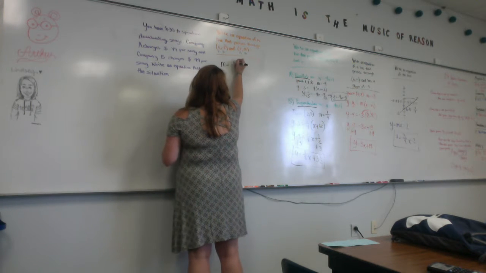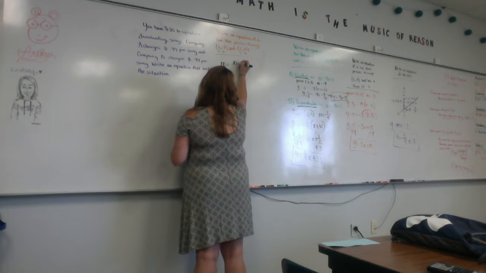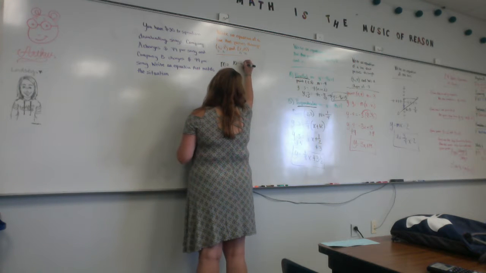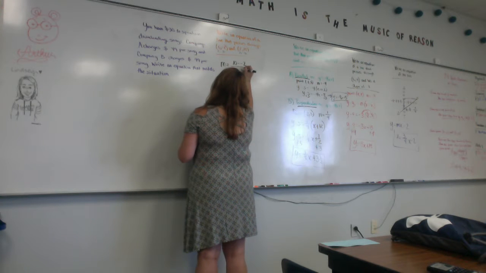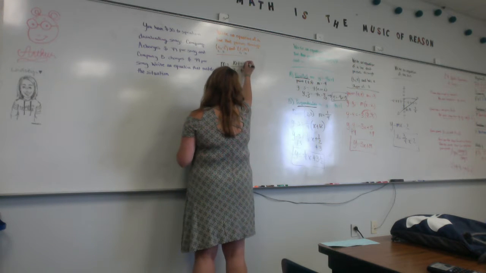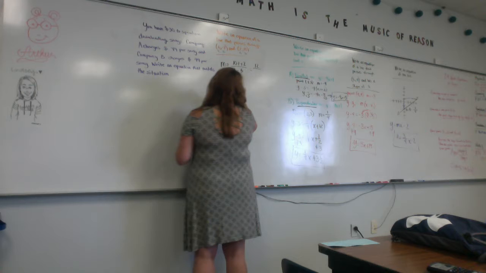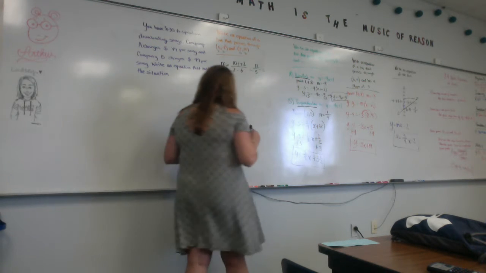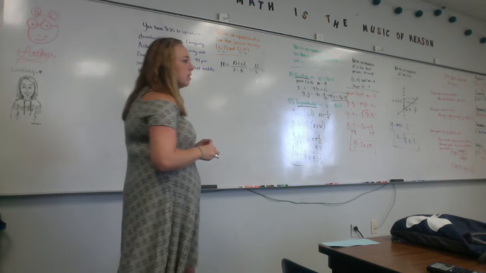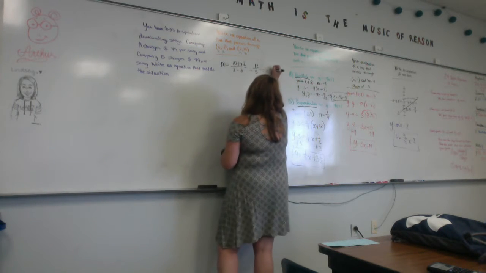My slope is going to be y2 minus y1 over x2 minus x1. So I get 12 over negative 3, which reduces to what? Negative 4. So my slope is negative 4.